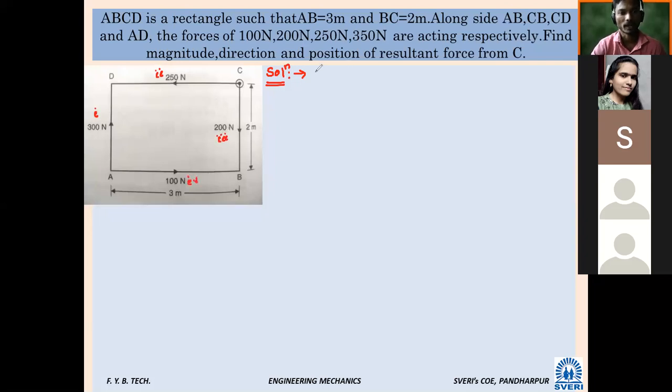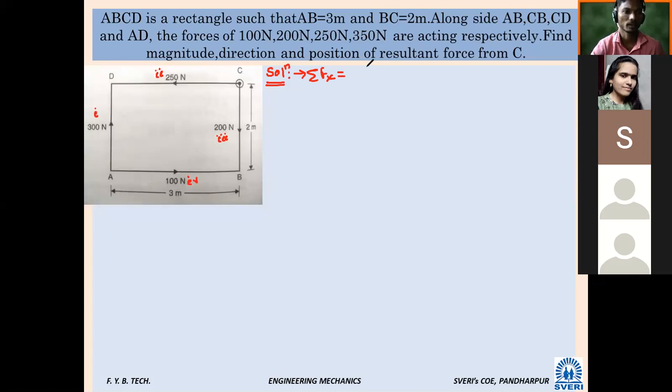Okay, so shall we find summation Fx is equal to, what will be the summation Fx? X component of force number 1, 300 Newton. Sir, the problem gives 350 Newton, and here 300 Newton is given. Which one should I take?